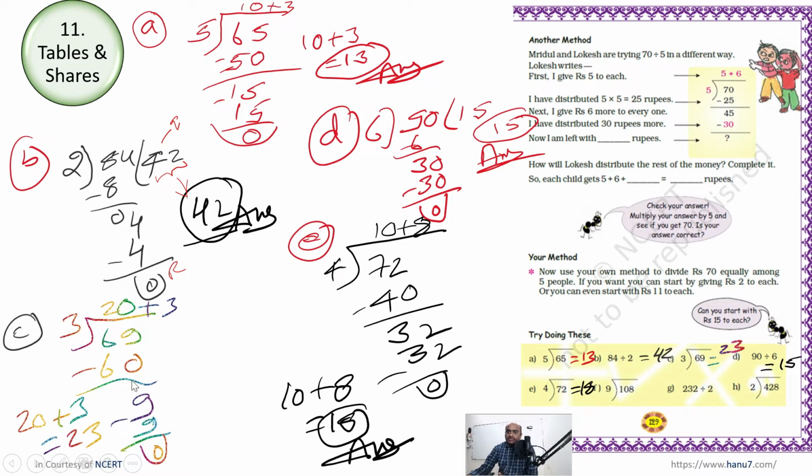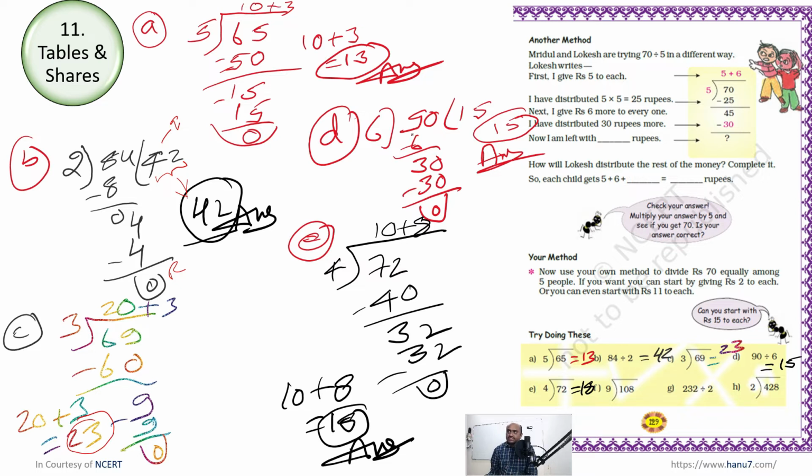So I got minus 60, and then 9 here, then plus 3 times. 3 into 3 times is 9, so the answer is 0. So 20 plus 3, that is equal to 23, is the answer here. Like that you have to calculate the answer for each bit. And coming to the next D bit, it is also the same.